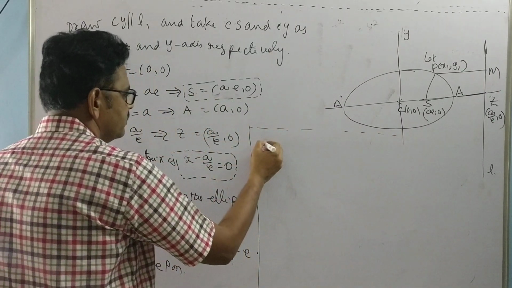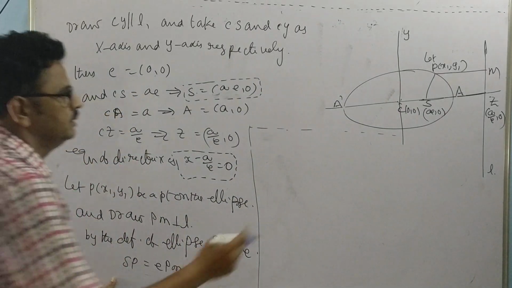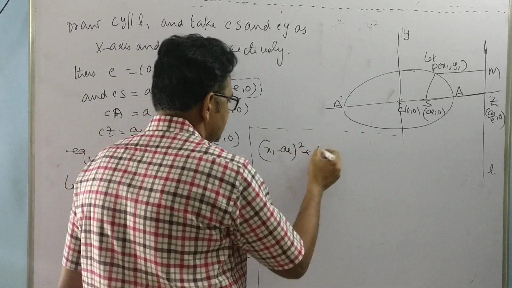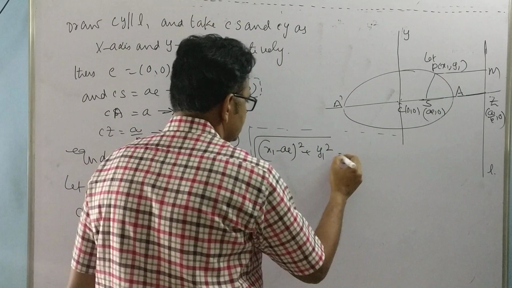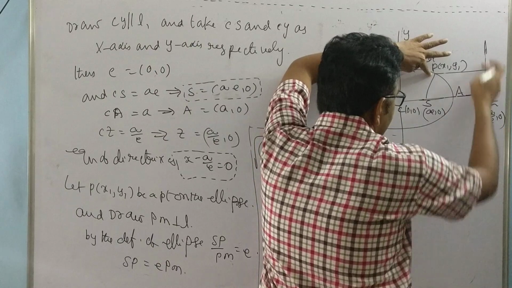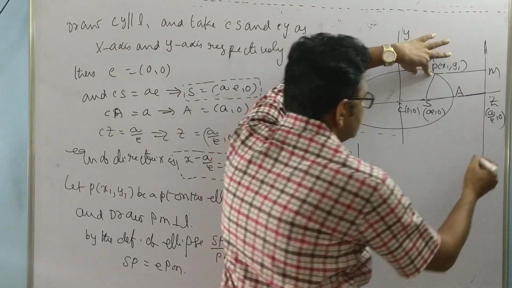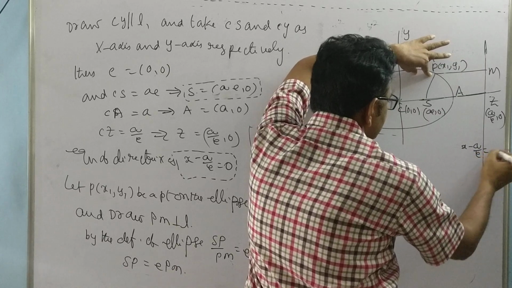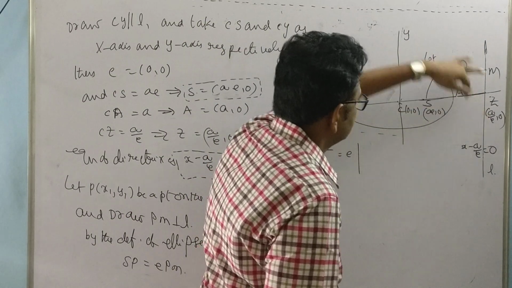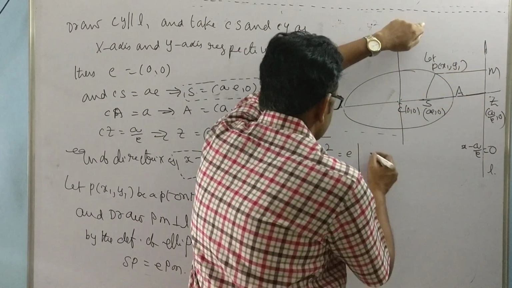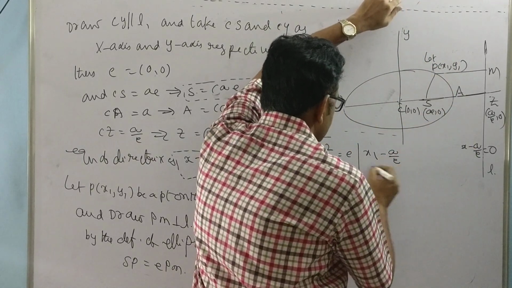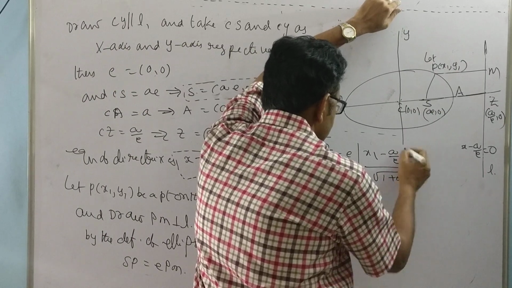That is, the square root of (x1 minus AE) whole square plus (y1 minus 0), that is y1 square, equals E into PM. PM is the length of the perpendicular from (x1, y1) to the directrix, x minus A by E equal to 0. So a is 1, b is 0, and c is minus A by E, over root of a square plus b square.